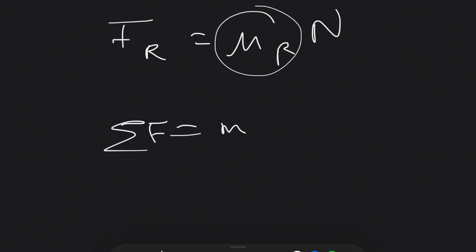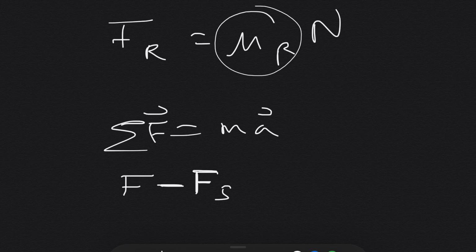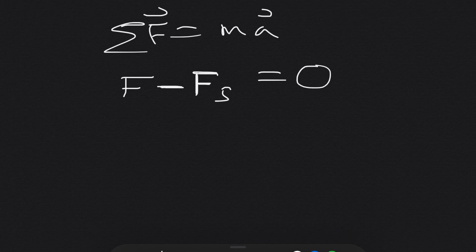So you would use Newton's second law, the sum of forces is equal to ma. And this would help you decide what to do. If the object isn't moving, you would say, okay, the force that I'm applying minus, because it's in the opposite direction, the force of friction. And in this case, if the object's not moving, it's static friction. And since it's not moving, it's 0.